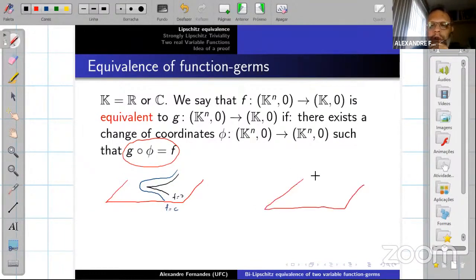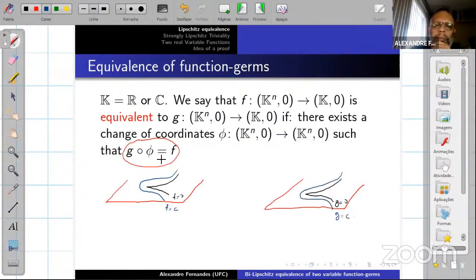You have the special fiber of g, the zero set of g, and also a foliation of the germ of the plane by the generic fibers of g.